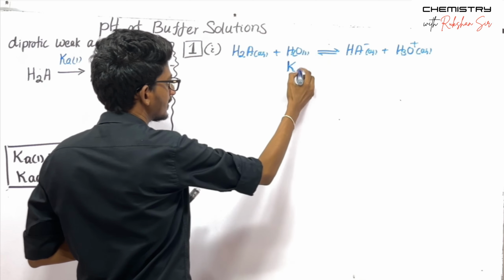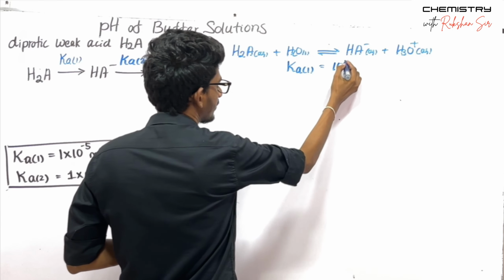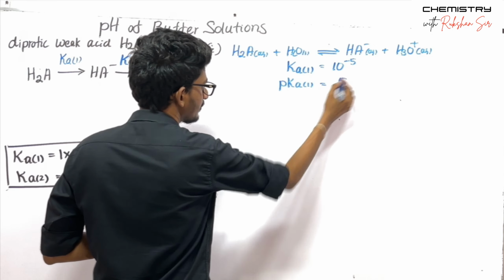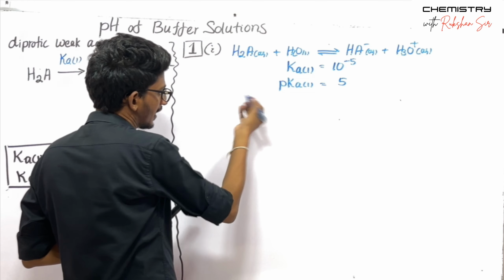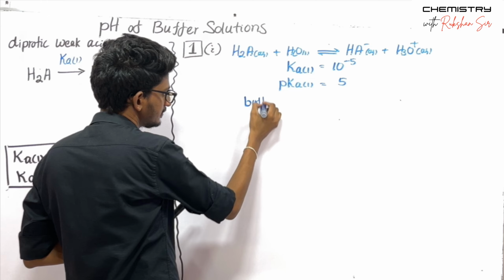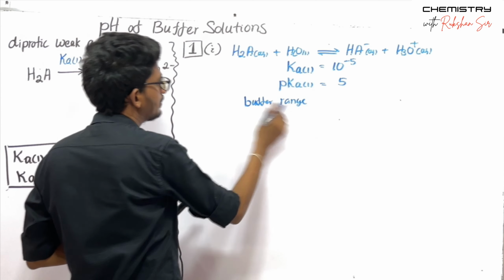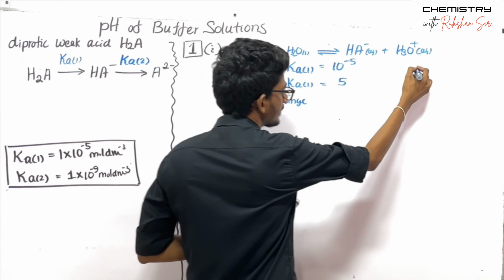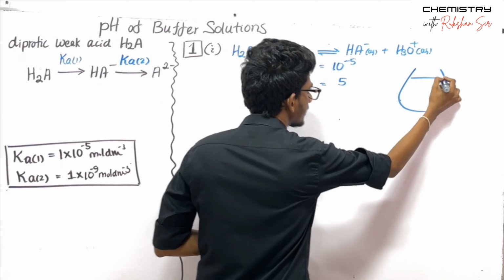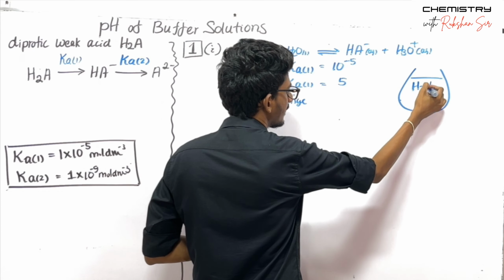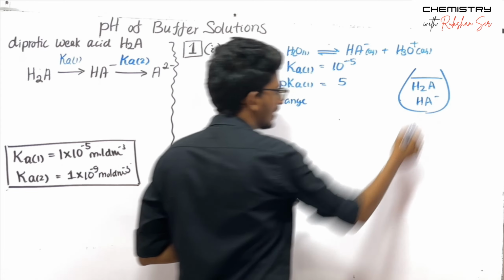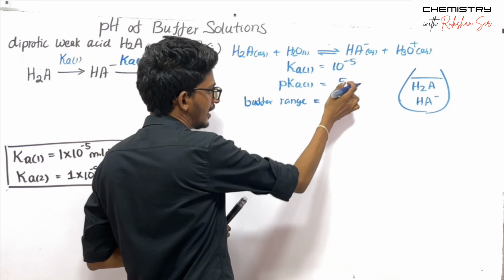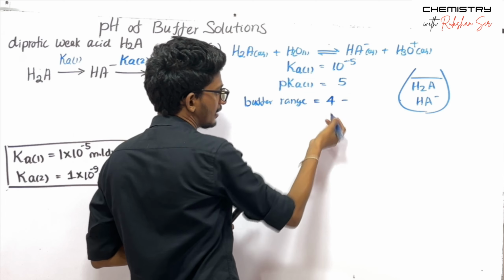For this one, the Ka1 is 10 to the power minus 5, so your pKa1 is just 5. So the buffer range possible with H2A and HA minus, that pair, is 5 plus 1 and minus 1: 5 minus 1 is 4, plus 1 is 6.